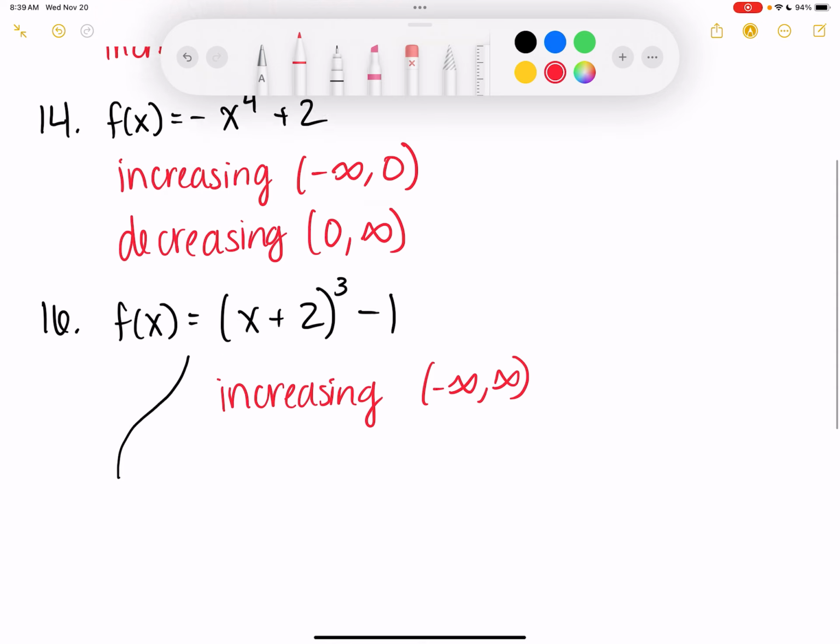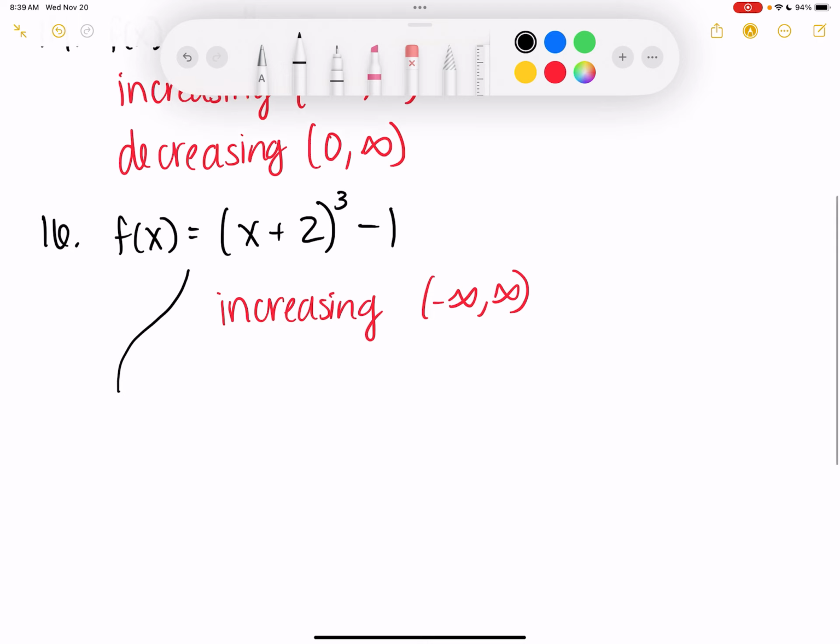Okay, so what that means is for 21 through 28, they want you to show that the graph is doing something like this, like this, like this, or like that, okay? So they want you to essentially just show where the graph is going, each piece of the graph.